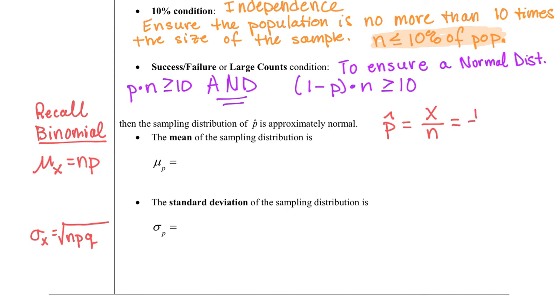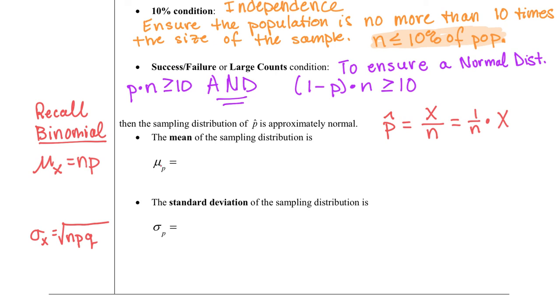We could also write this as 1 over n times the random variable x. And what has happened now is we've now created a multiplier. So we're doing those linear transformations that we've come to love, and our multiplier is 1 over n.